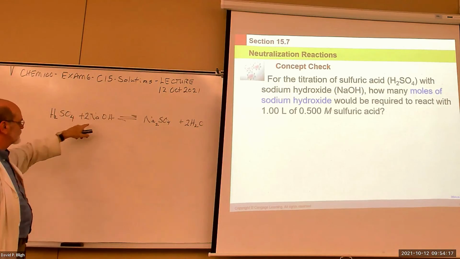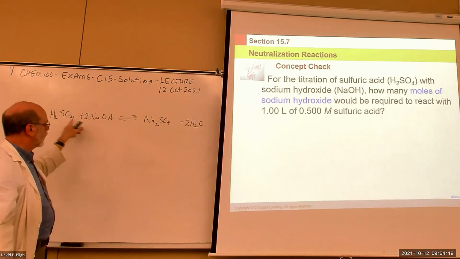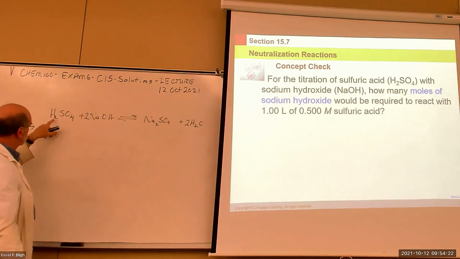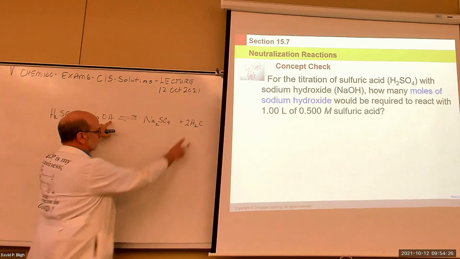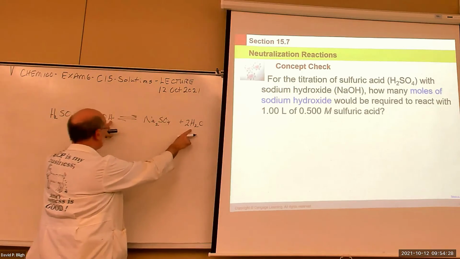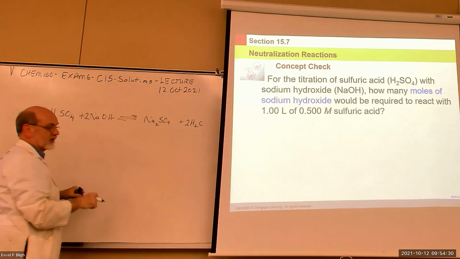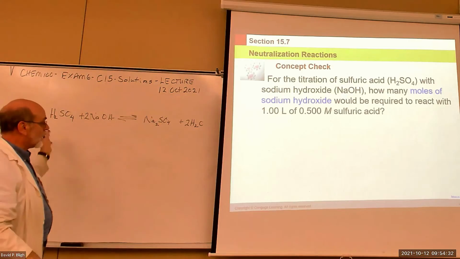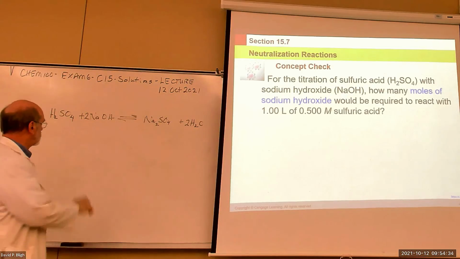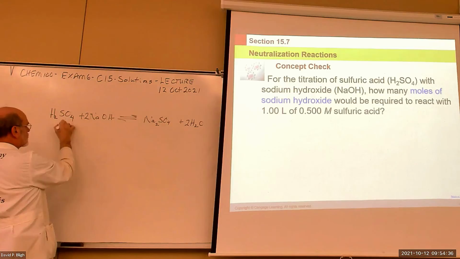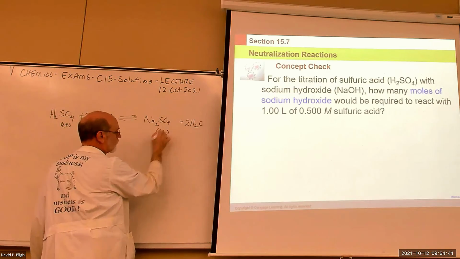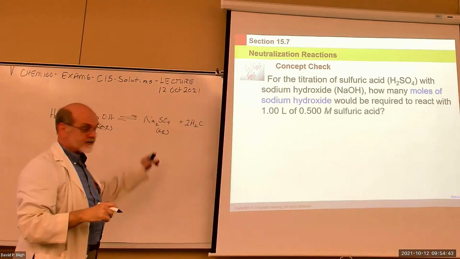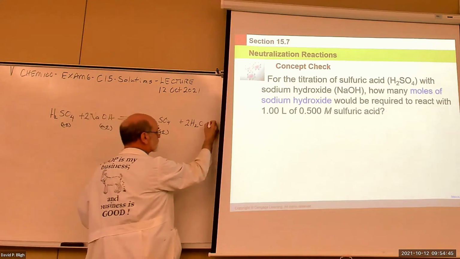That should balance it. 2 sodiums, 1 sulfate, 4 oxygens, 4 hydrogens, 4 hydrogens, and 2 oxygens. So now we're balanced. And this is all in solution. This is an aqueous solution. This is aqueous. This is aqueous. You know, look it up in your chart and you'll find that this is soluble. And this is a pure liquid.